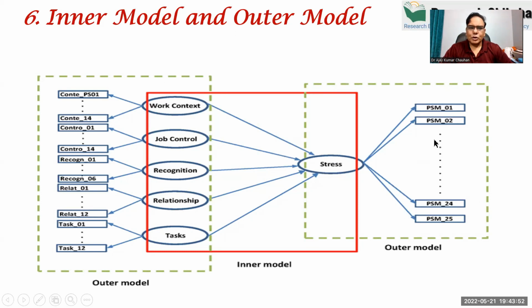So this is called the outer model. So the outer model is representing the relationship between the construct and the item, and the inner model is representing the relationship between the constructs. In the inner model we have the path coefficient. In the outer model we have the construct loading.